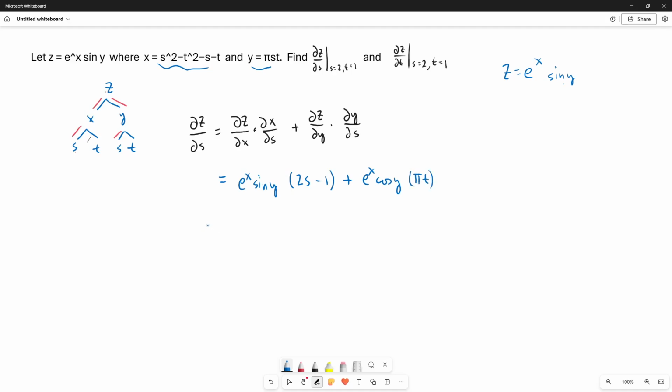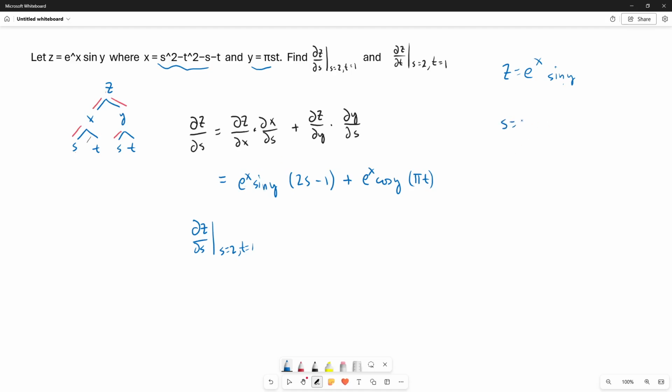And now we want the partial derivative of z with respect to s at the point s equals 2, t equals 1. So notice here we have a function of x and y, and we want to plug in values of s and t. We could convert the x and y into s's and t's using these formulas, or we could just take the numbers 2 and 1 and plug them in and get the corresponding x and y.